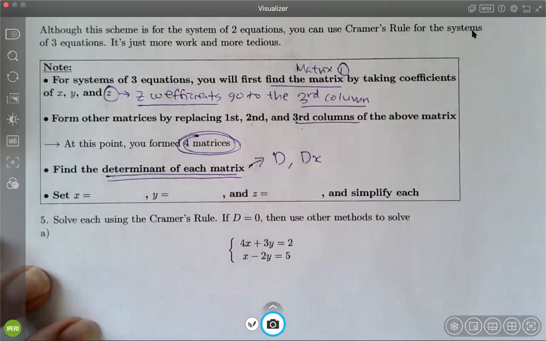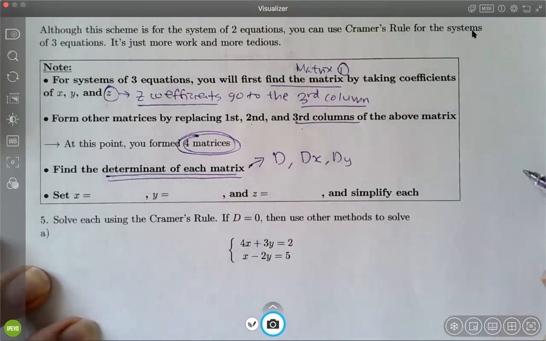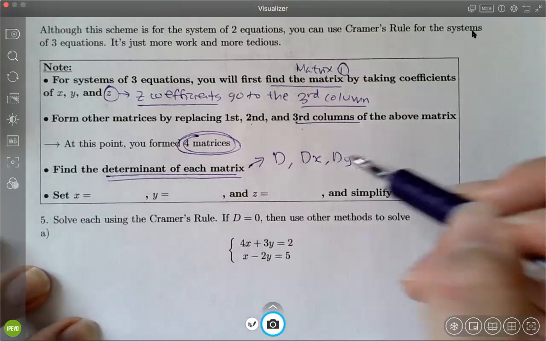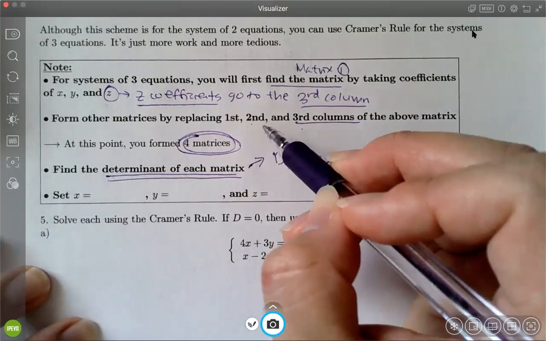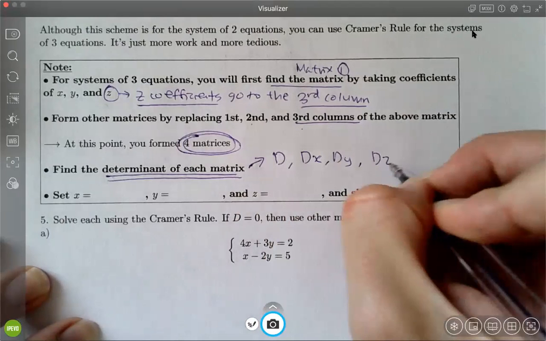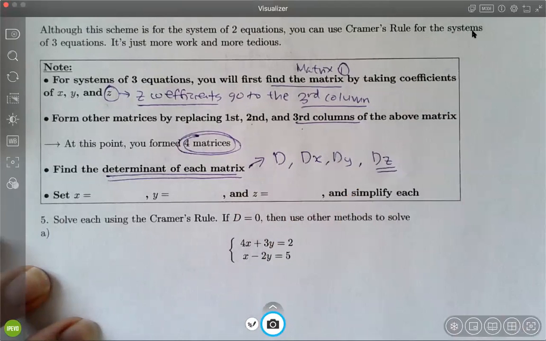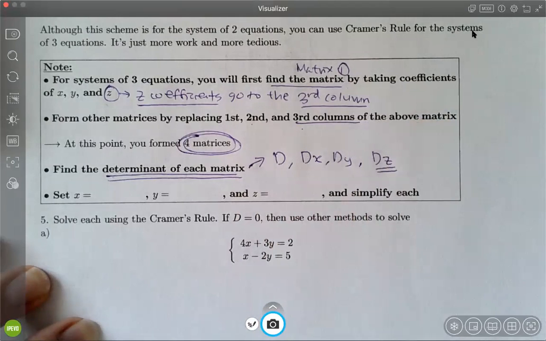Do we have D sub y? Yeah, and what does that mean? The determinant of the matrix that's obtained by replacing the second column by what's on the right. And now there is one more, which is D sub z. What does that mean? Replace the third column of matrix 1 by what's on the right, and its determinant is D sub z.